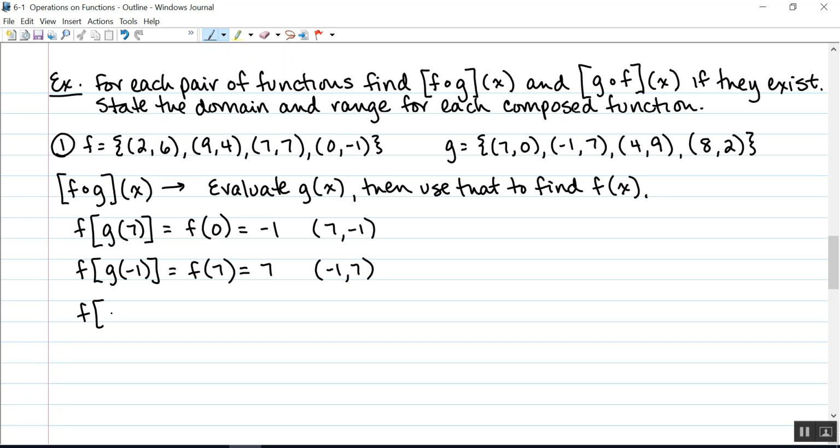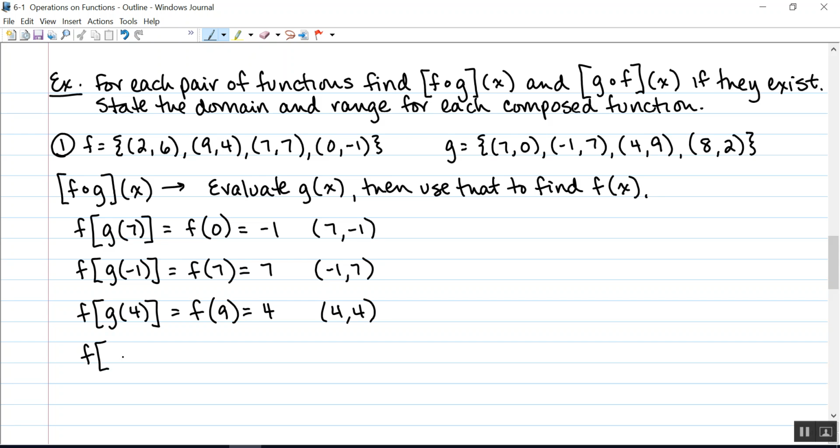Now I'll do it with my third ordered pair in g, which is 4, so I need g of 4, or f of g of 4. G of 4 is 9, so I need f of 9. Going over here to f, I see a 9 here. F of 9 is 4, so that gives me the ordered pair 4, 4.